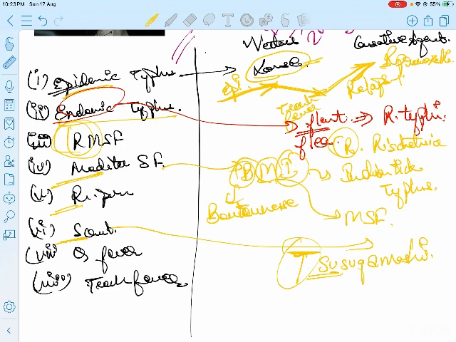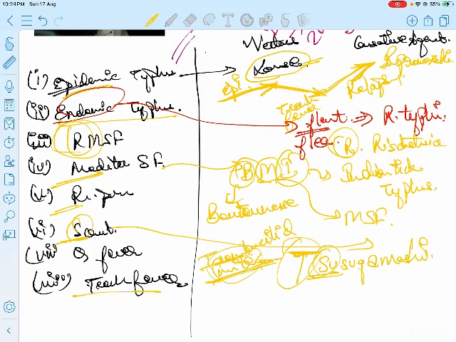So T is for trombiculid mite, which is the vector. So for scrub typhus, T is for trombiculid mite, which is the vector, and S for S, scrub typhus.